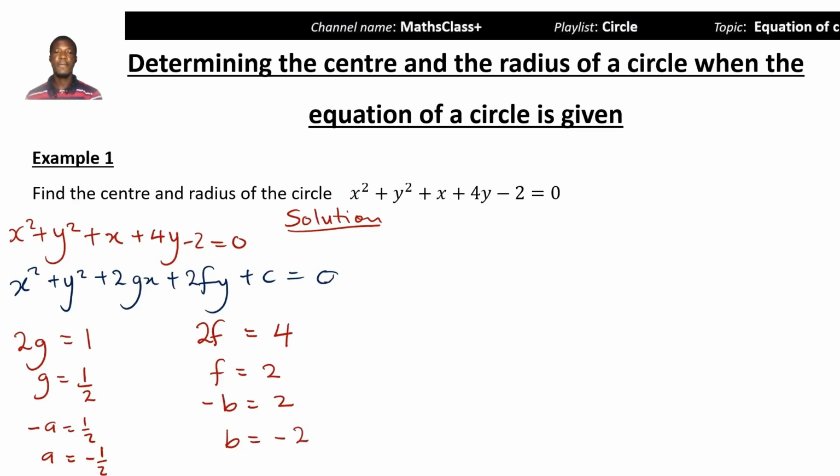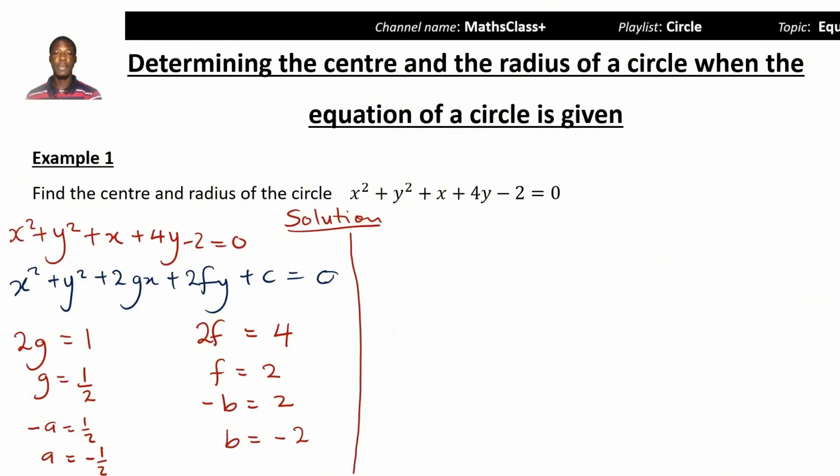Now, if you remember once again, a and b represent the center of the circle. And so, for the circle given, our center will be negative 1 over 2 and then negative 2, as we try to find.